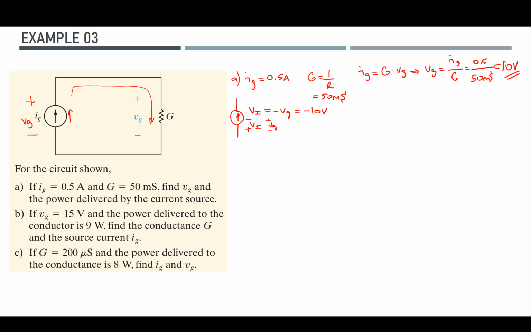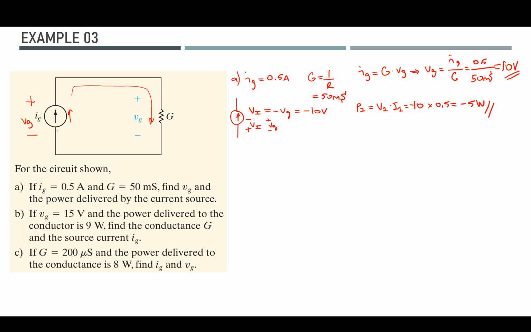Now I know the voltage and I know the current, so I can also calculate the power of the current source, which is Vi times Ii. That's going to be minus 10 times 0.5, which is minus 5 watts.